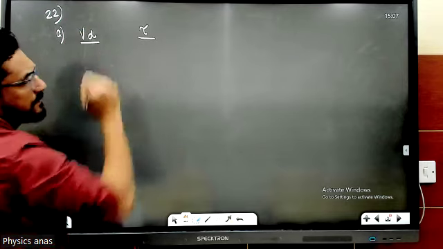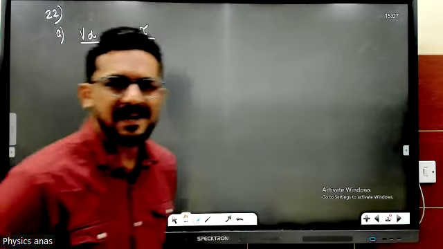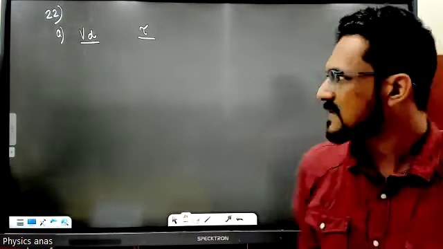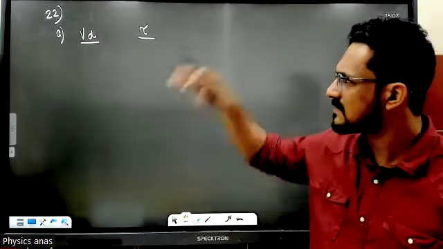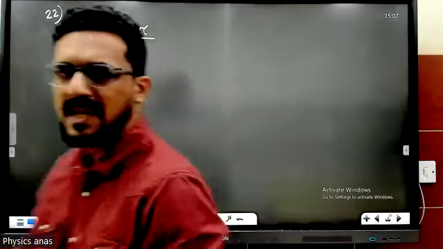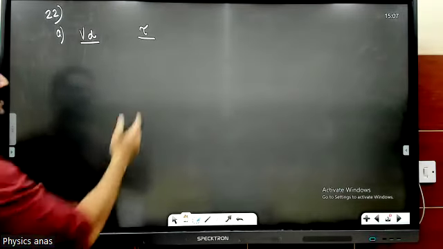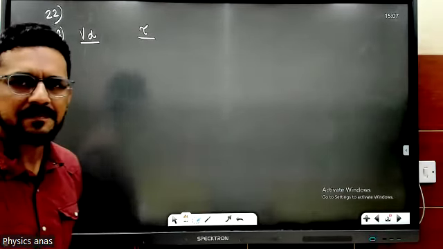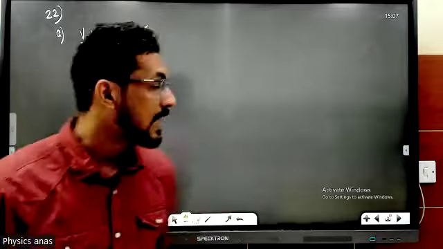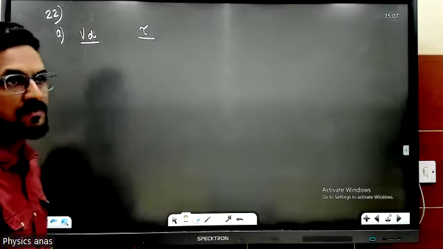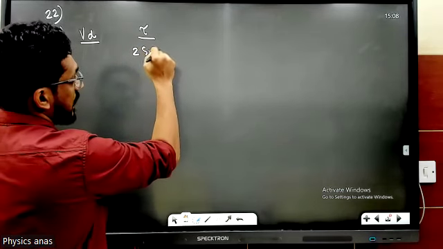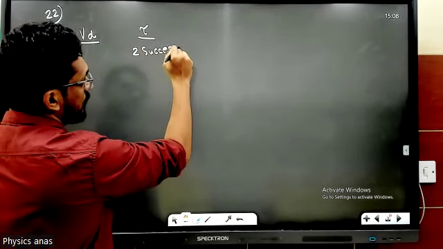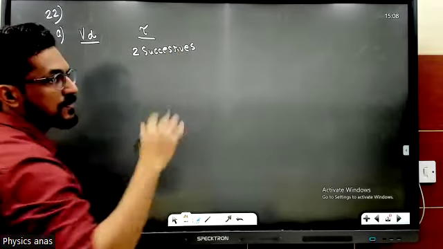What is drift velocity? Drift velocity is the average velocity acquired by electrons in the presence of an electric field. We have discussed that many times. Then what is relaxation time? Relaxation time is the average time interval between two successive collisions of electrons with the positive ions.